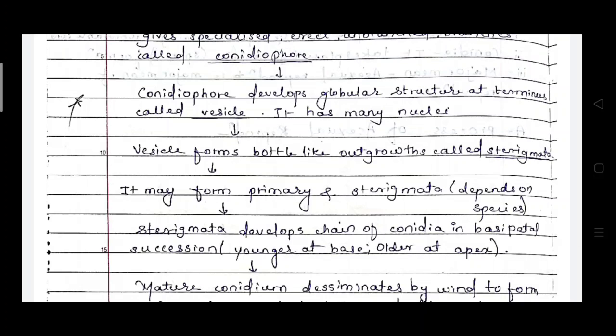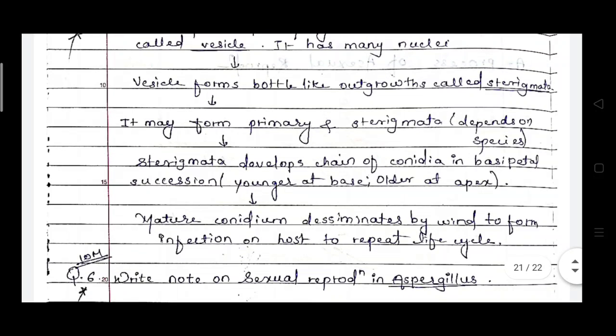In some species the primary as well as the secondary sterigmata are present, depending on the species. These sterigmata develop the chain of conidia in a basipetal manner.